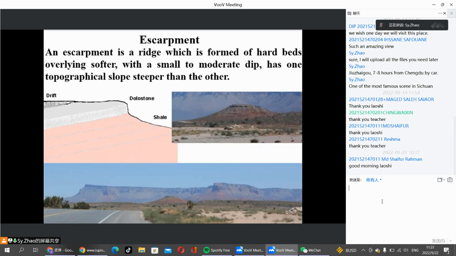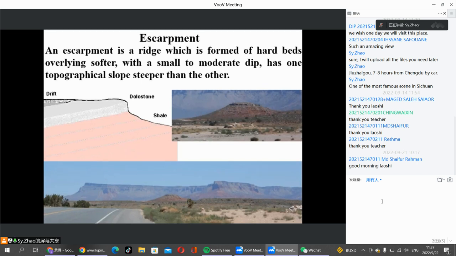Okay, some further terminology needs to be introduced here. At first, the escarpment. It is a ridge which is formed by hard beds overlying a softer one with a small to moderate dip, and has one topographic slope steeper than the other.